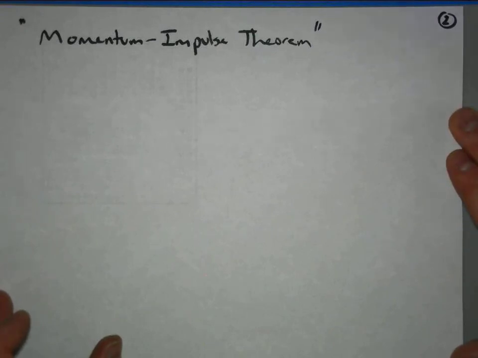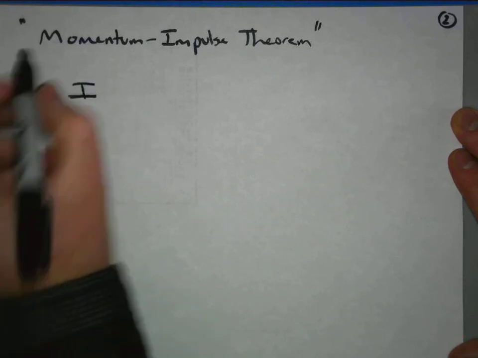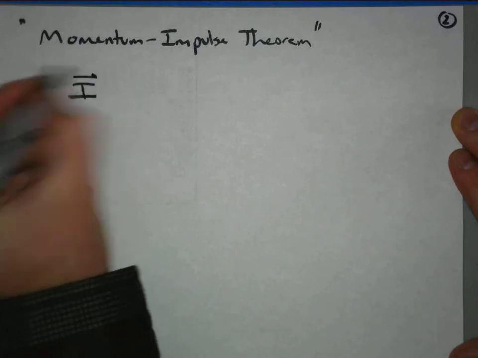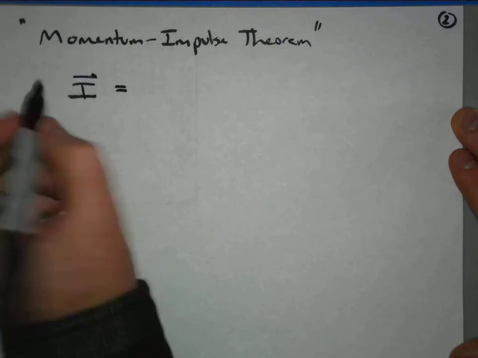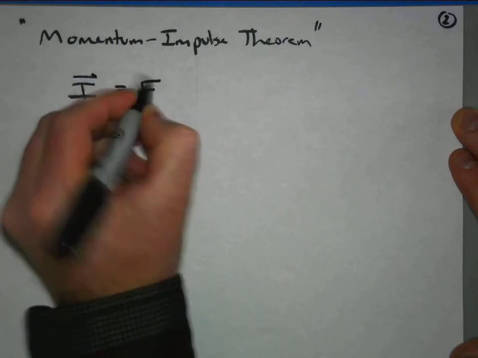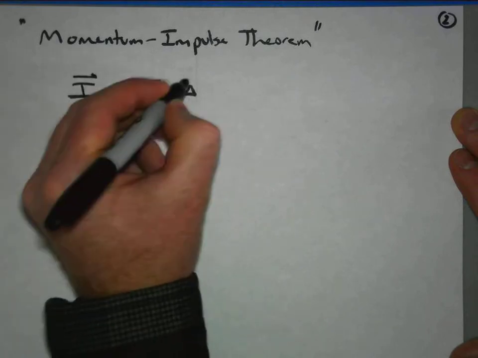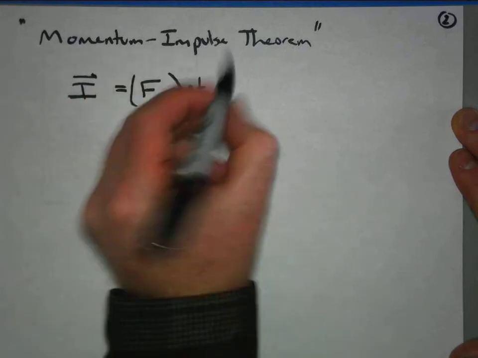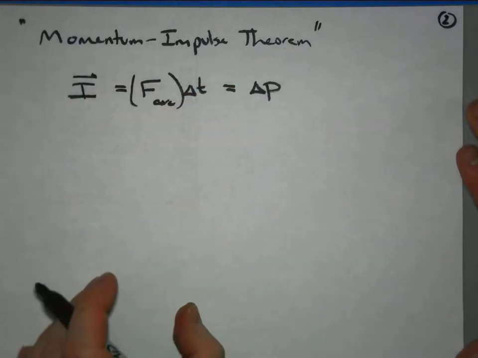Come on, marker. There we go. This idea of impulse: the definition of impulse is that it is a vector quantity, and it is equal to what we're now going to have to call an average force multiplied by a time interval. And this is going to be equivalent to the change in momentum that an object will experience.